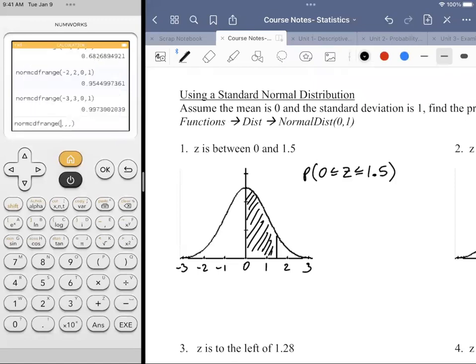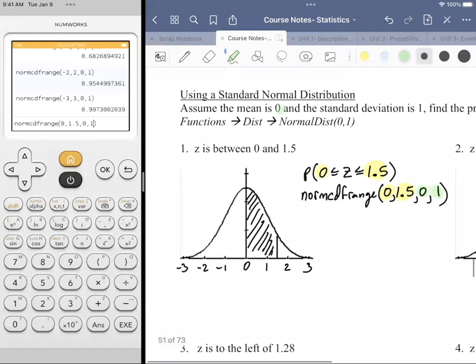And for this function, I'm putting in a 0, a 1.5, a 0, and a 1. So again, this is norm CDF range 0, 1.5, 0, 1. All right, so these two values are coming from here, and these two values are coming from here.